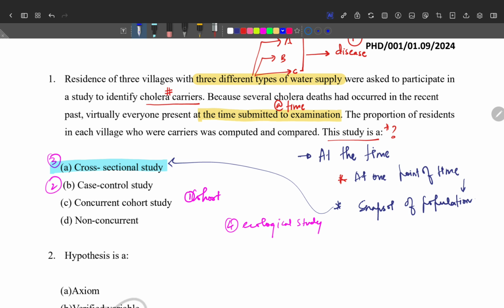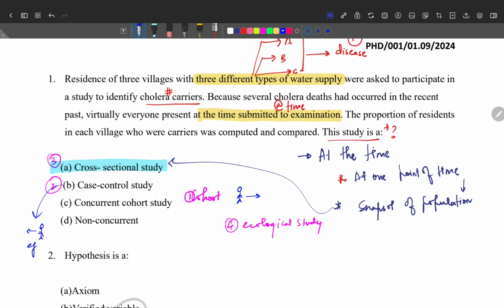To be very brief, cohort is a prospective study. It's a forward-looking study. You go from cause to effect. That's what a cohort is. Whereas case control is a retrospective study.